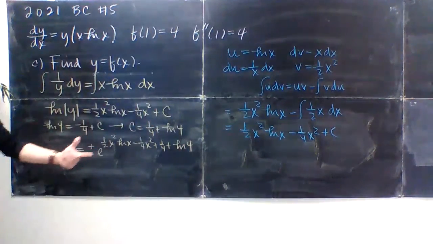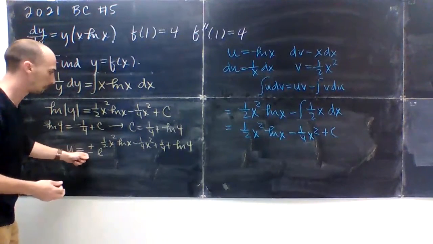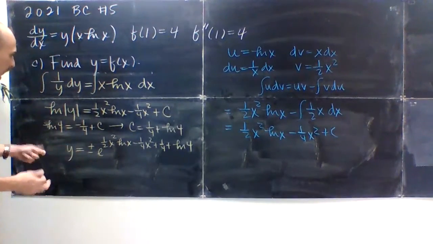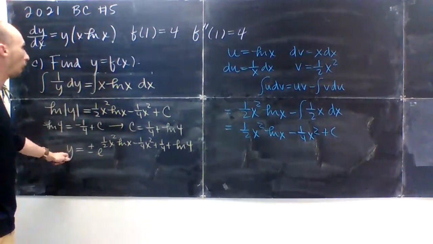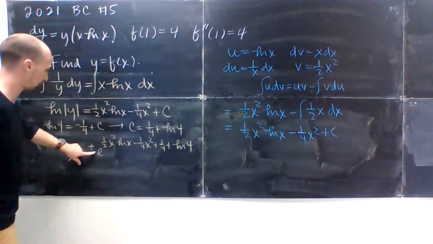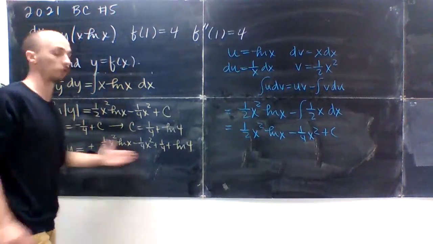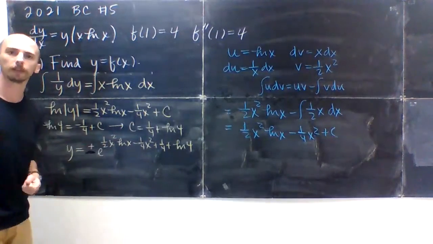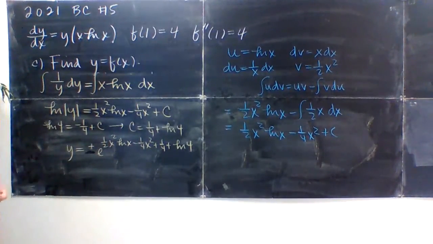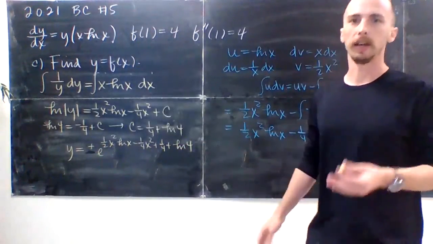Now, if I wait till this point to try to figure out my c, usually the c will kind of dictate whether I'm taking the plus or the minus. But in this case, I have to make that decision based on the initial condition. But if we think about y as a positive number, it has to be this positive number in order to fit the initial condition. So here's my y of x. That's y equals some function of x. And that was not the best separation of variables of all time, but we were able to separate and solve for it. So there it is. And that was number 5.